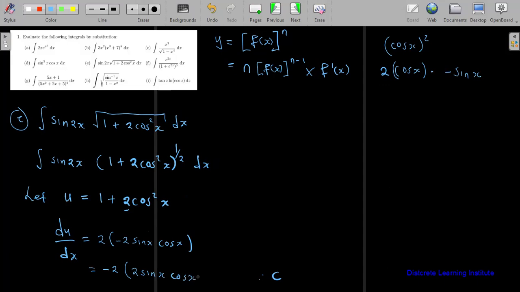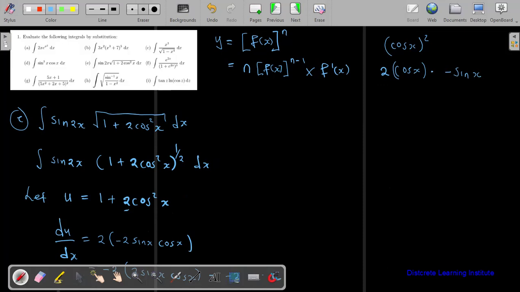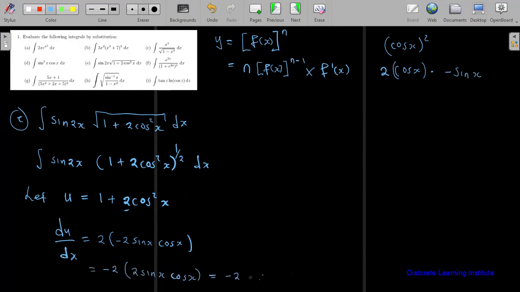You have to see that this 2 sine x cos x is just sine 2x, if you think of your multiple angle formulas. So that's negative 2, and 2 sine x cos x is sine 2x. So that's your derivative.